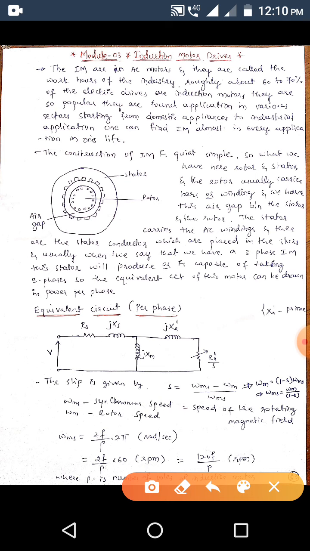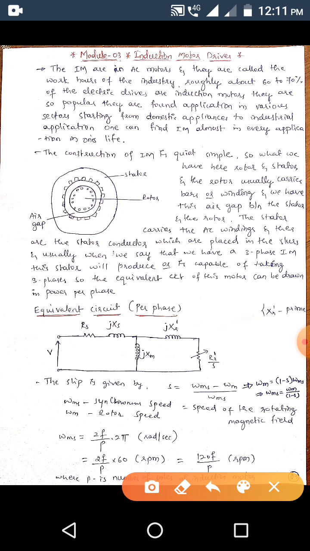Induction motor drives are so popular that they find applications in various sectors, starting from domestic appliances to industrial appliances. One can find an induction motor almost in every application in one's life. So we are using, one way or the other, induction motors in any appliances or applications.